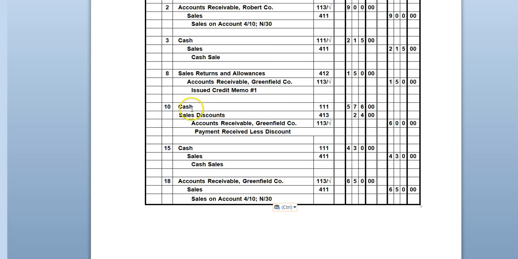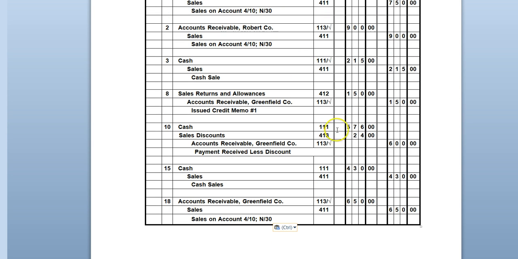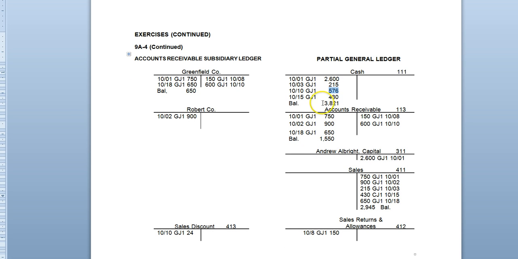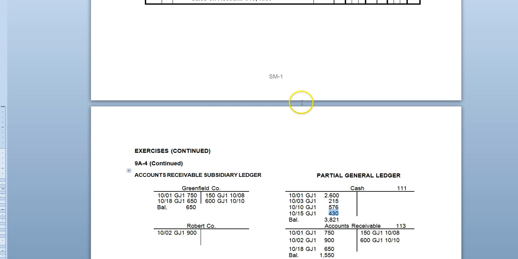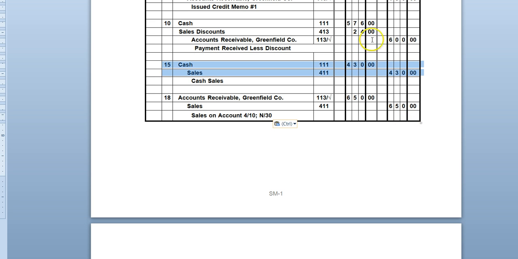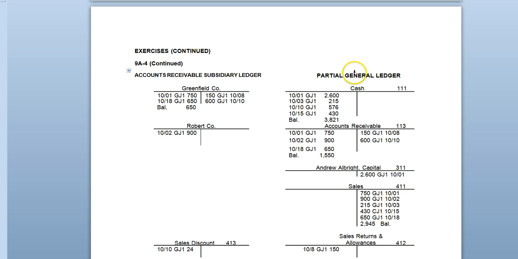That's from the journal entry where Greenfield paid us the $576. So that gets posted to our cash account, along with the $430 from October 15th. So you pop up to October 15th, and you can see that's where we made another cash sale. So that obviously goes into the cash account as an addition.